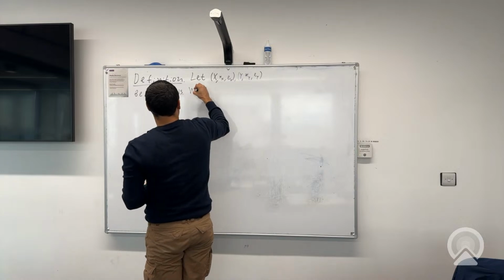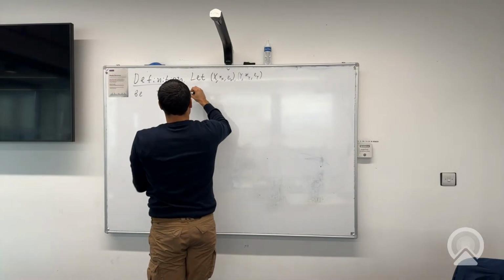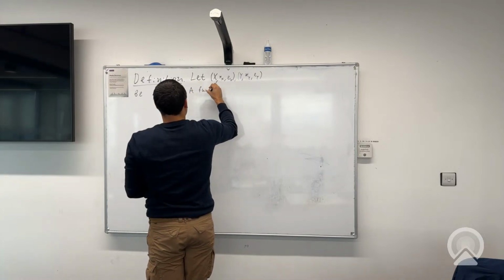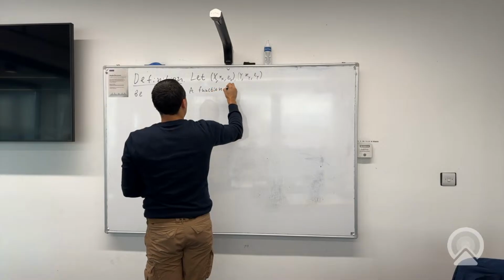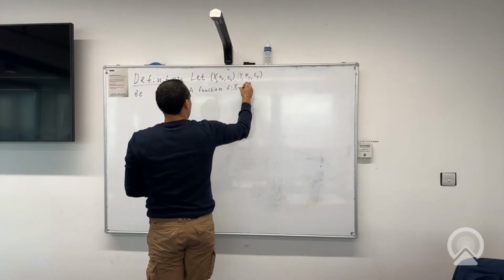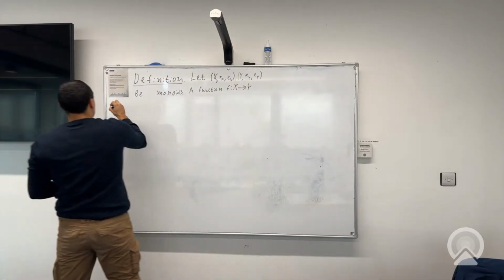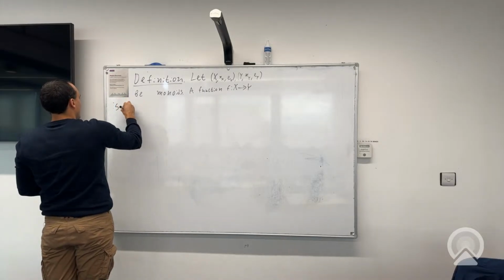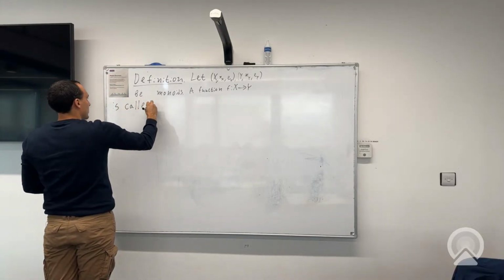We say a function f from X to Y is called a homomorphism.